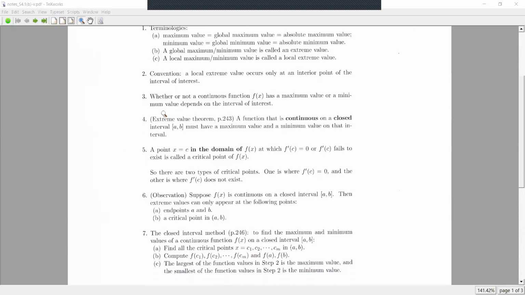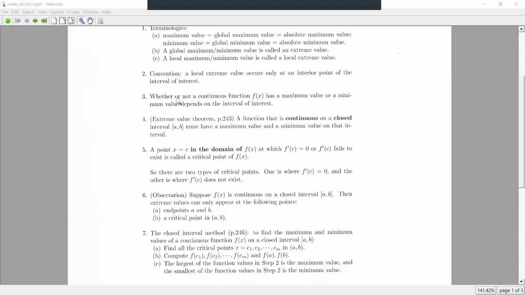Review number 3. Whether or not a continuous function has a maximum value or a minimum value depends on the interval of interest. This is calculus language.